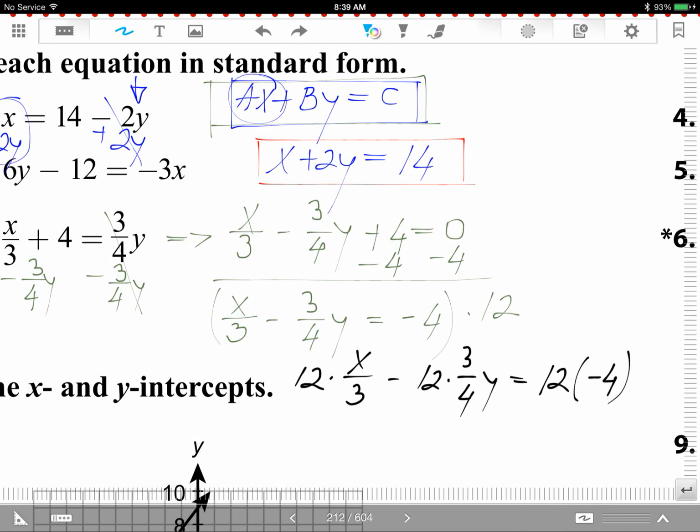So please be careful here. You multiply everything. You multiply that one, this one, and that one. Anything that you have on left and right, any term gets multiplied by my 12. And that way your equation will be the same.